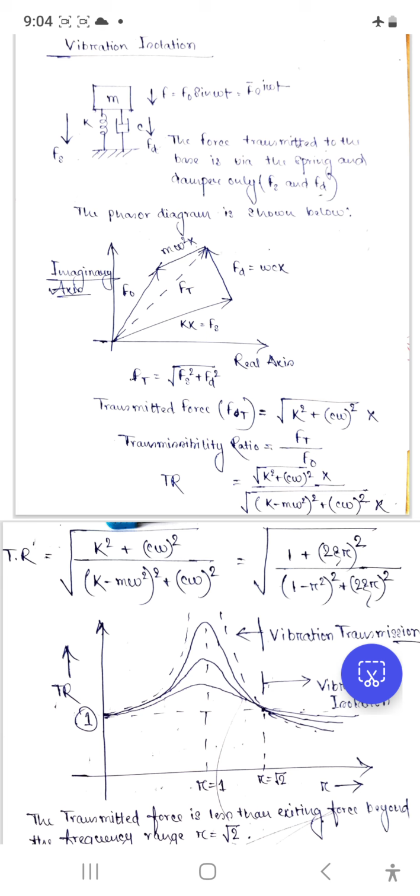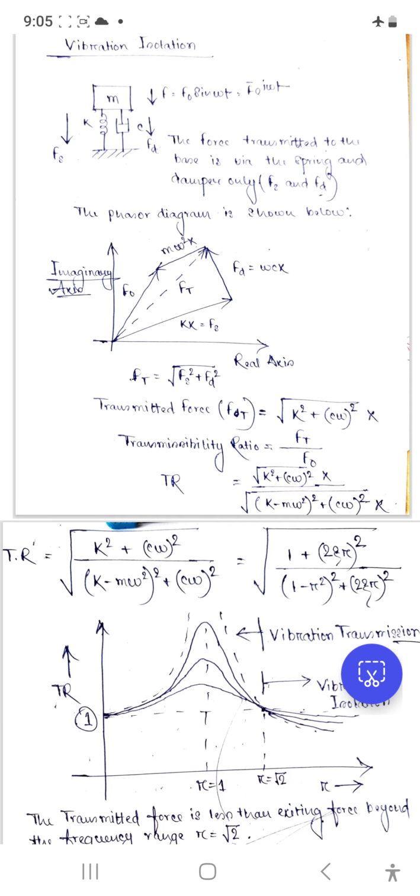I'm again telling the point: within r equal to root 2, the transmitted force is greater than the exciting force. That's why TR is greater than 1. That means Ft by F0 is greater than 1 when r is 0 to root 2.